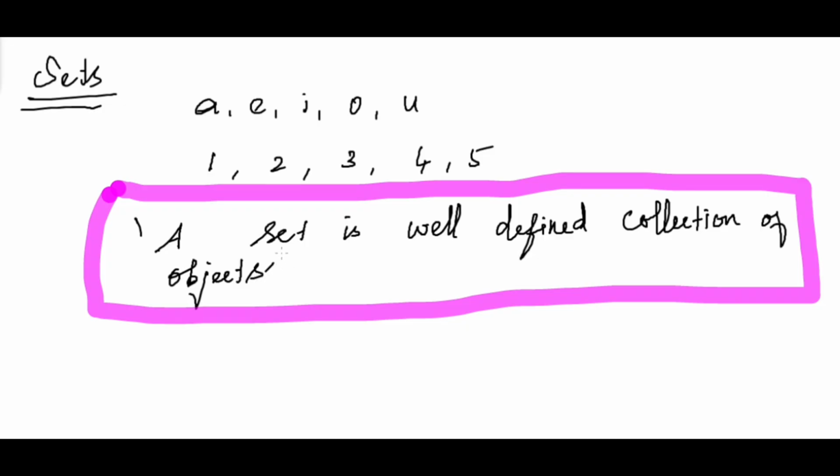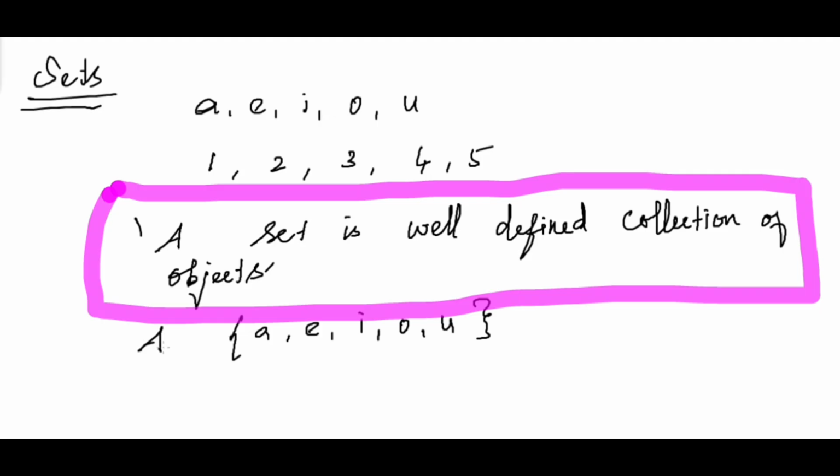To write a set, there are certain rules. What are the rules? First, the collection should be enclosed by a flower bracket. So A, E, I, O, U. When I write the collection of vowels, I have to enclose the elements by flower brackets or curly brackets, however you see. And the set should be named with a capital letter.